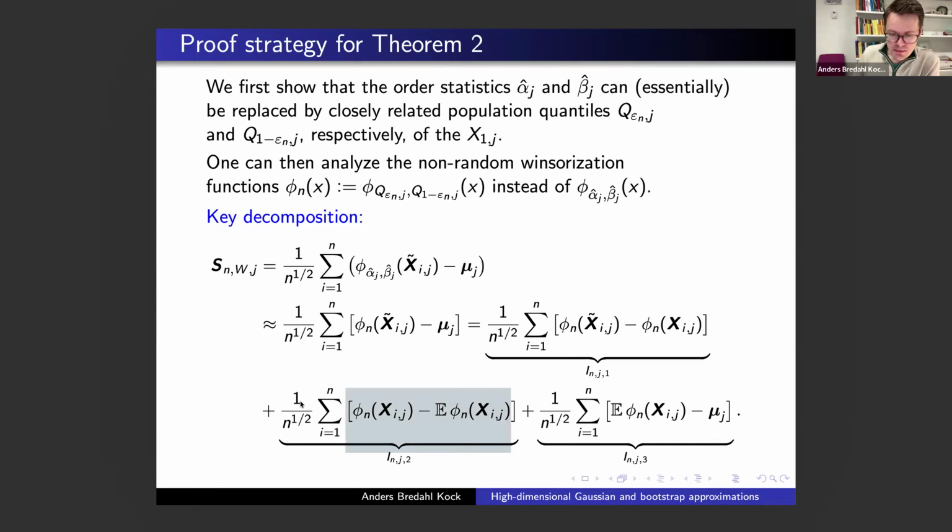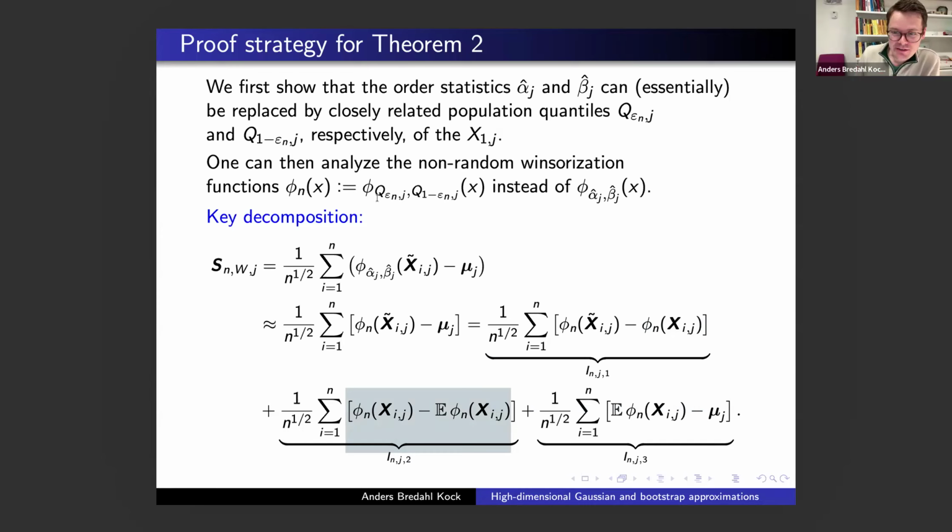To show a Gaussian approximation for these terms that allows for dimension to grow at an exponential rate in n. And this is then combined with showing that these two terms tend to 0 sufficiently fast. There's one more small twist, namely that the variance-covariance matrix of this vector here is not sigma itself, but the variance-covariance matrix of the winsorized data.